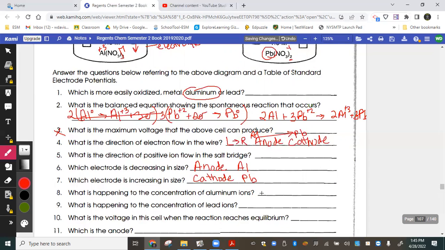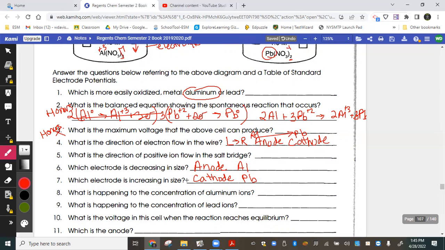All right, so that's going to be our overall reaction, which we get from our 2 half reactions by combining them. Okay, so then this would definitely be an honors topic, as with number 3. Right, and you wouldn't be expected to do that on the Regents exam.